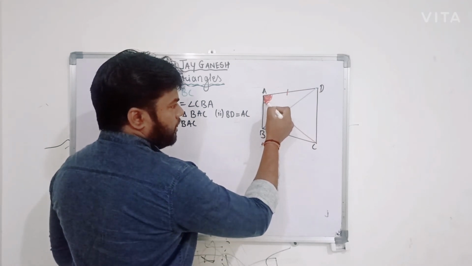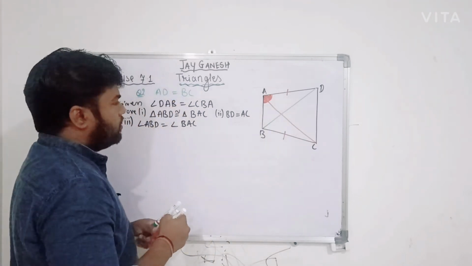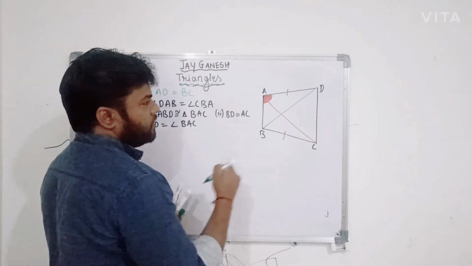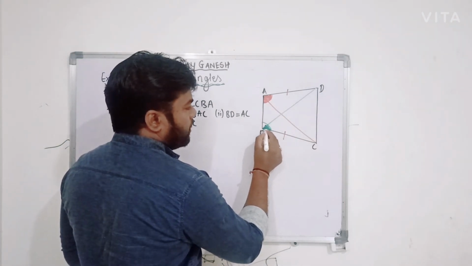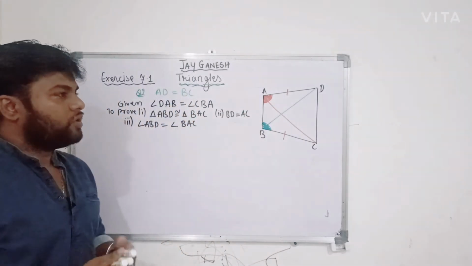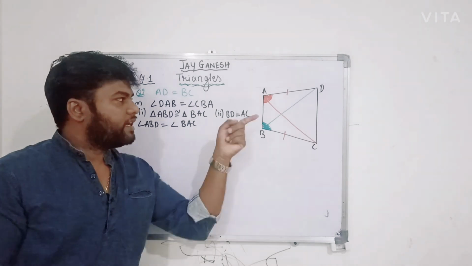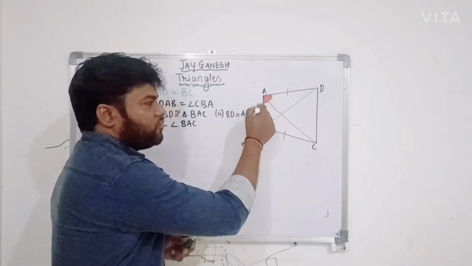Okay, angle DAB equals angle CBA. Okay, this angle, they are equal. This is also given. Only one thing is left, that is this common. So that means AB equals AB, common.